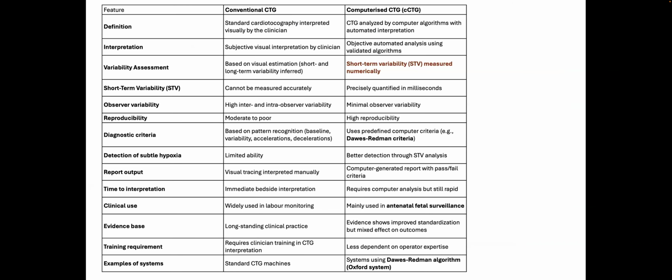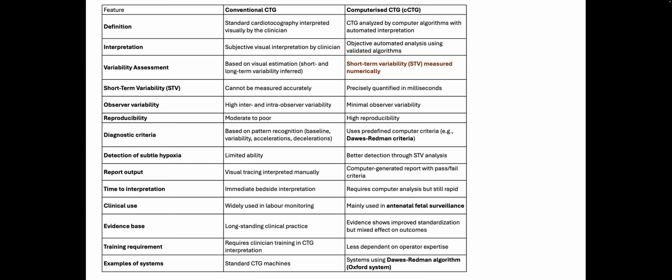So you have two types of CTGs, mainly the conventional CTG and the computerized CTG, which is now available in some of the hospitals. But the short-term variability, STV, is measured numerically in computerized CTG only. It's not measured in the conventional CTG. The subjectivity is less as far as the computerized CTG is concerned.